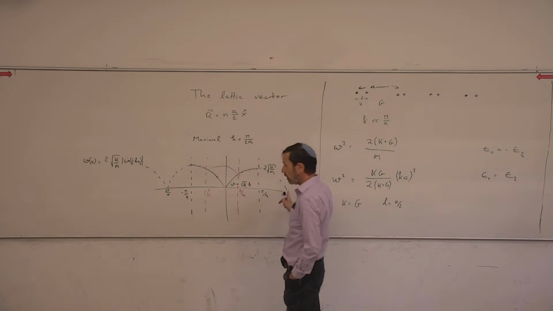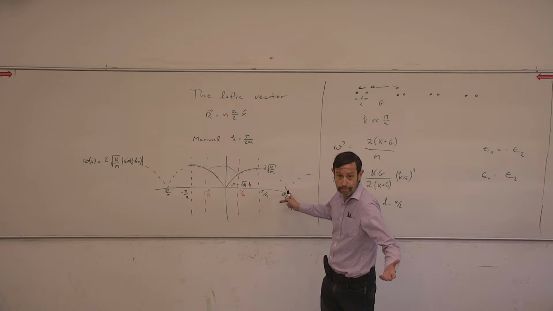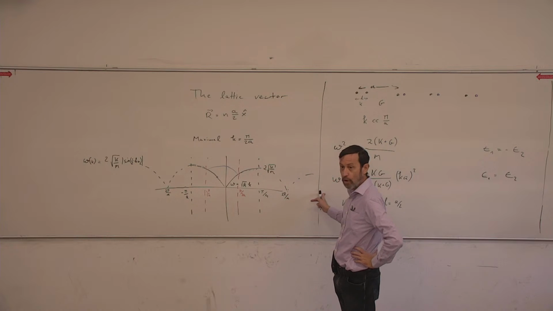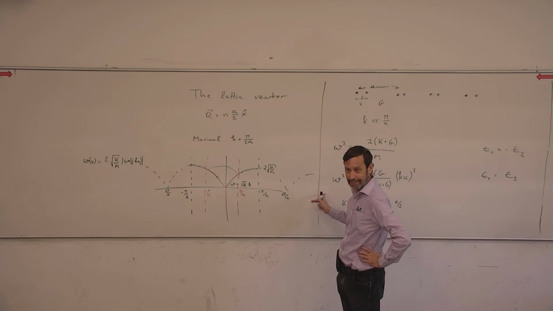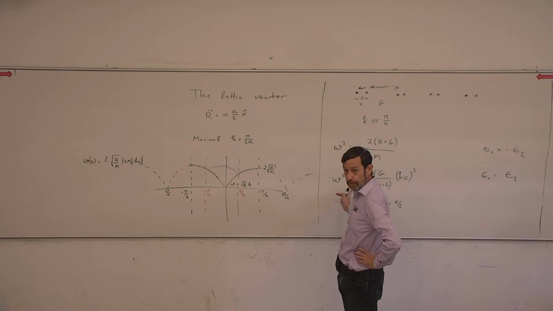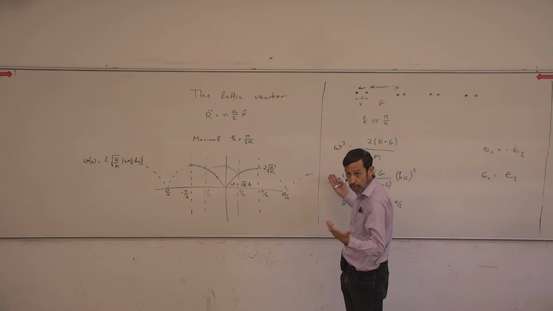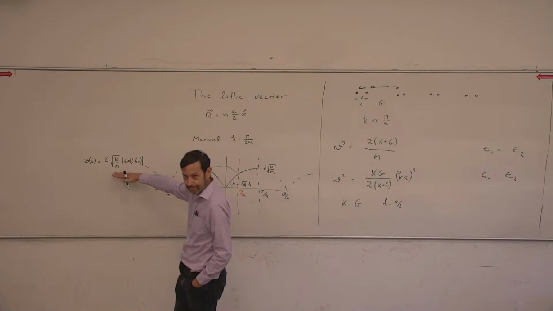You would get 0. Sine of pi is 0. You would put in 4 pi over a, 6 pi over a, and so on. All of them will give you 0.